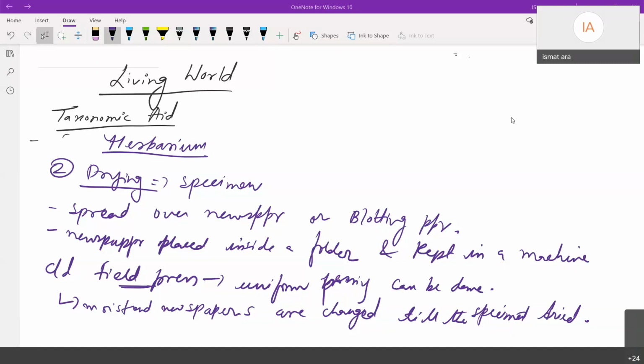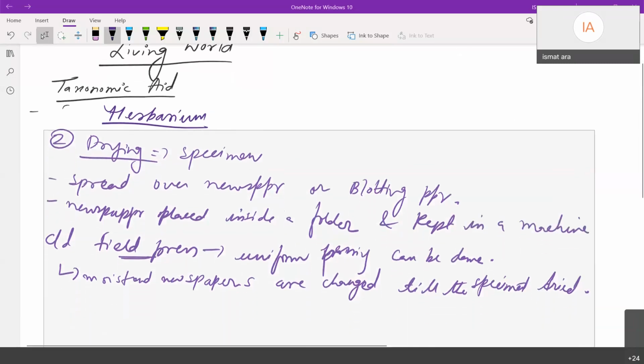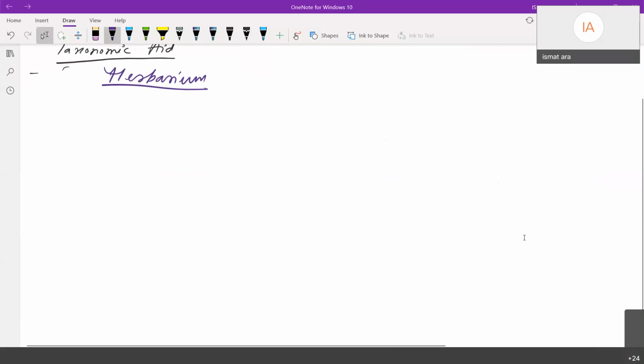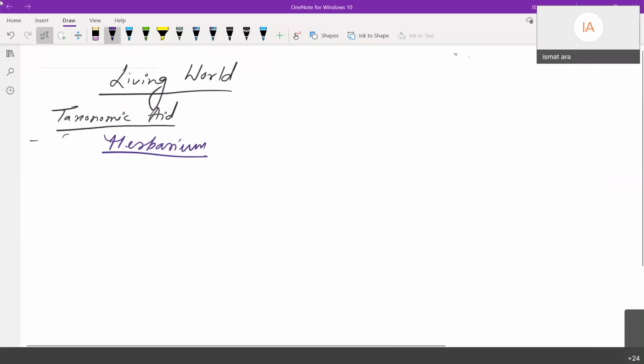This is the second step, drying. Then the third step, poisoning. What is the meaning of this poisoning? Let us see. Poisoning means in this step you are adding chemicals.